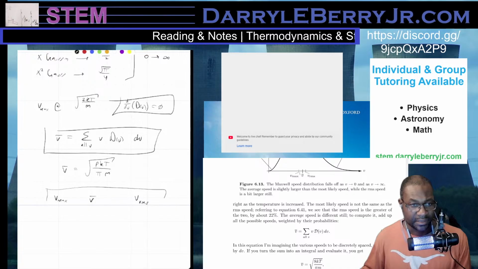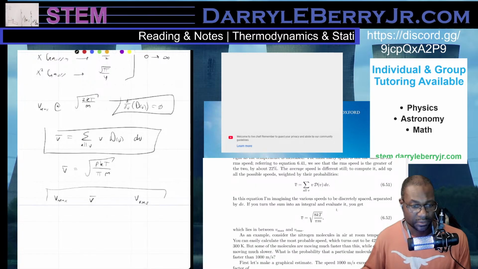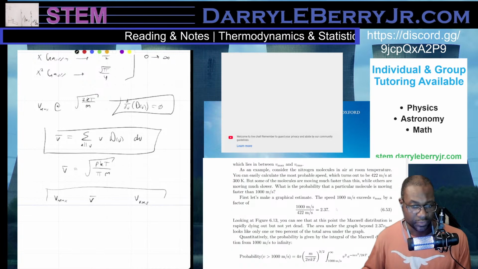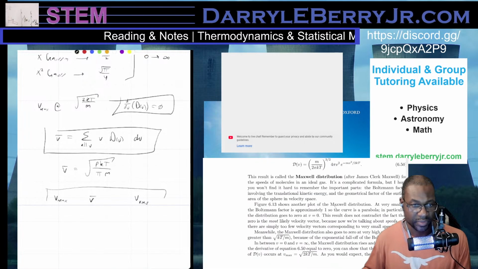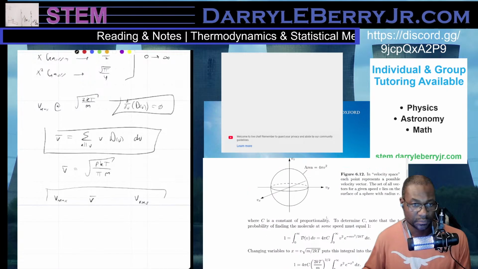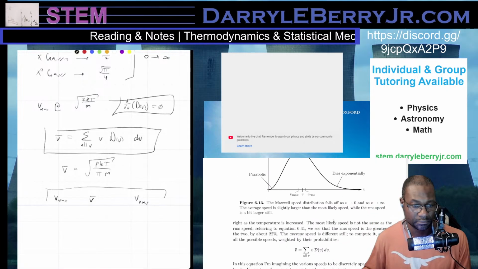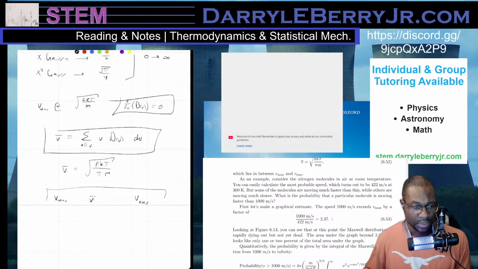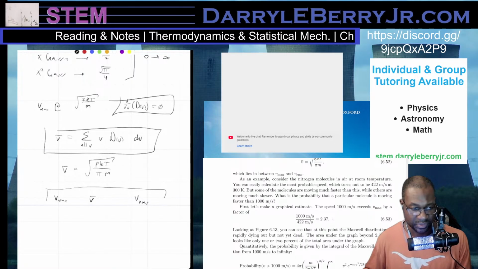So I'll take vmax and double it, and then go a little bit more. We're about right there. The area under the graph beyond 2.37 vmax looks like only 1 or 2% of the total area under the graph. Quantitatively, the probability is given by the integral of the Maxwell distribution from 1000 meters per second to infinity.